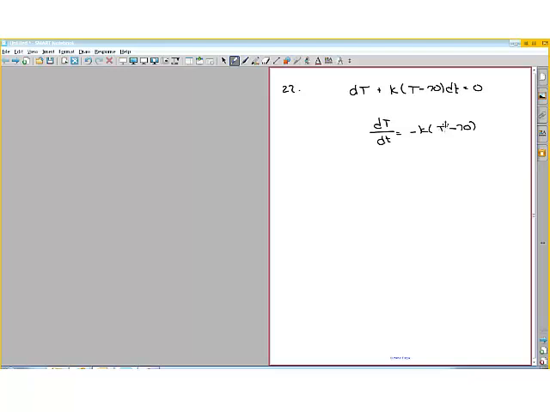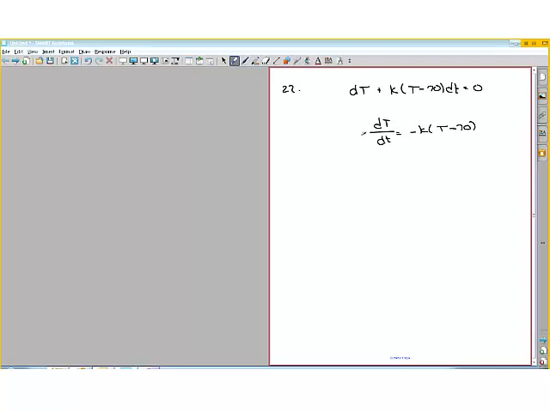So if the temperature is greater than 70, this will be a positive quantity. If k is positive, then the change in temperature will be negative, so it'll be cooling off, and that's true. And if you go the other direction, if this T here is less than 70, you get a positive change in temperature. And it all goes towards 70 at some point.